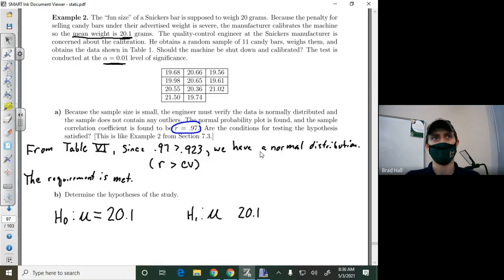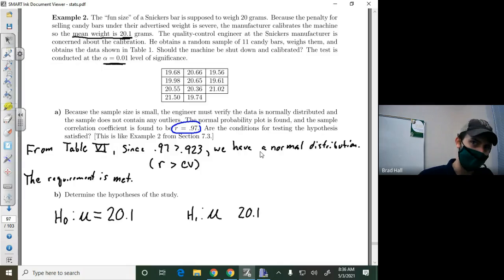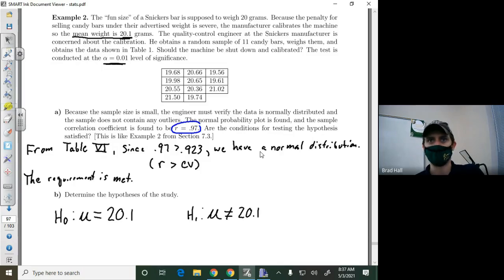Are we actually getting about a mean weight of 20.1, or is it something different? So, what's the alternative hypothesis here? What inequality symbol do we use? Not equal. That's right, not equal. Because if it's less than this, you get fined. If it's more, then, well, you're wasting product.